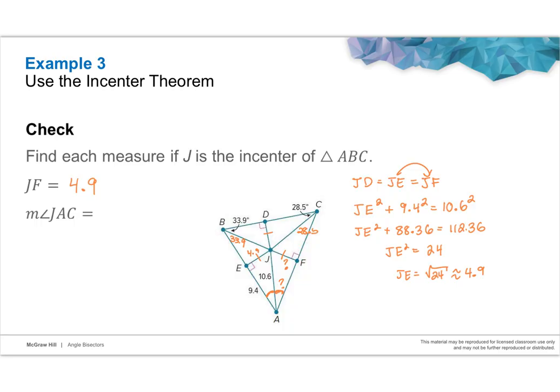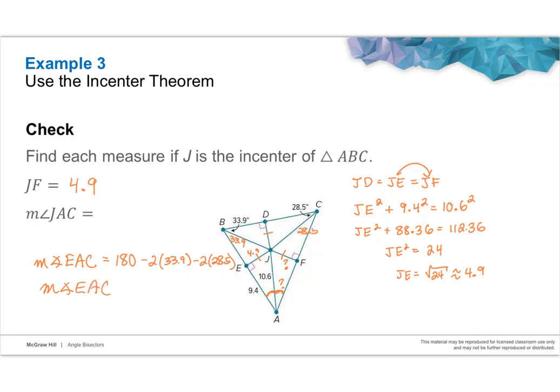And so we have that the measure of angle EAC, first of all, the whole angle EAC, is going to be 180 minus two 33.9 parts, and then minus another two 28.5 parts to figure out what this third angle is.